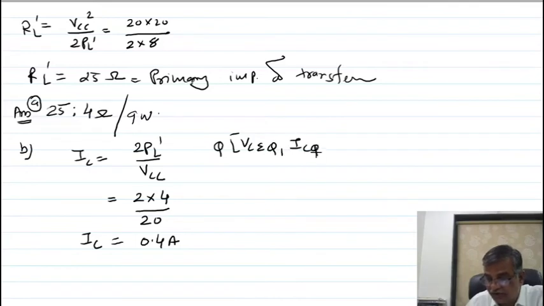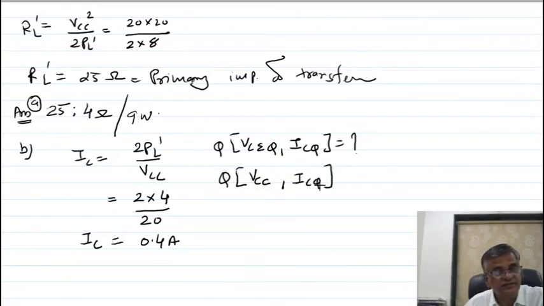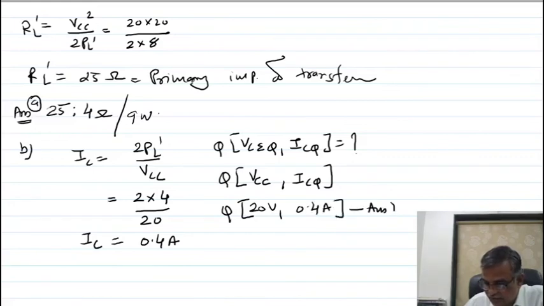What is this coordinate? Already we know that in a transformer coupled amplifier, VCQ is nothing but the VCC. You can check your first or second lecture. So the operating point is 20 volt, 0.4 ampere. This is your answer B.